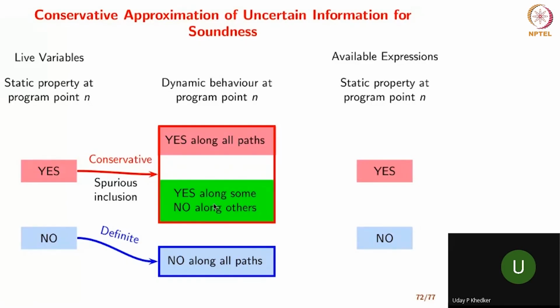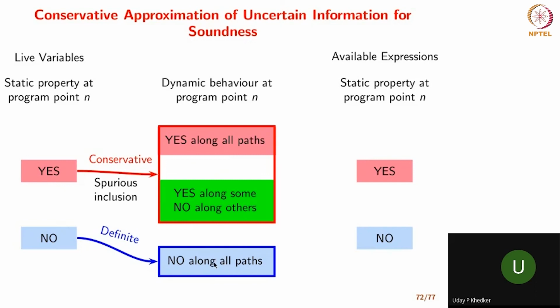So therefore we give the answer yes for both yes as well as yes or no. So live variables analysis, yes, includes both these possibilities. And when we mark a variable to be non-live, we want it to be definite. We want it to be definitely not live along any path.